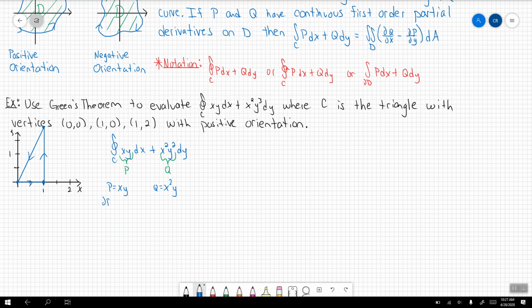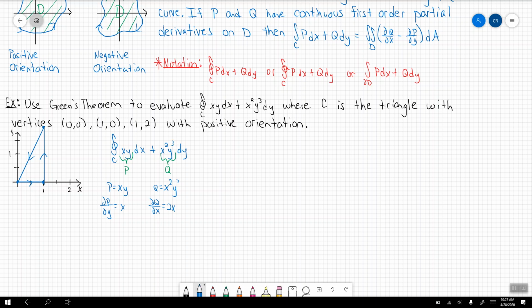So I'm going to need the partial of P with respect to y, that's going to be x, and I'm going to need the partial of Q with respect to x. That's going to be 2xy cubed, my apologies.